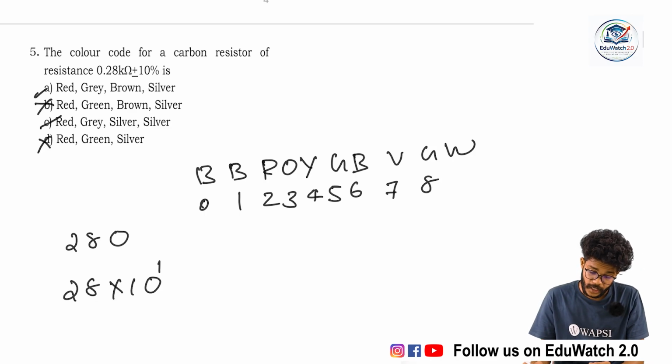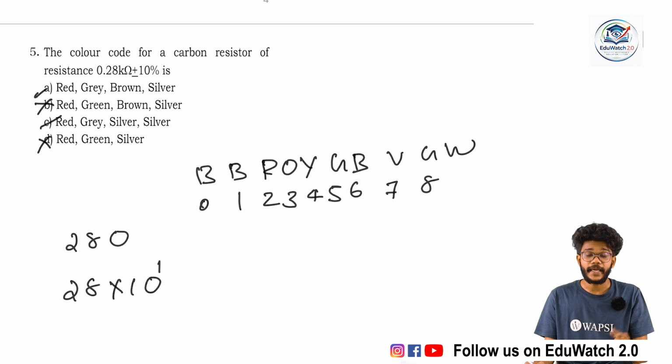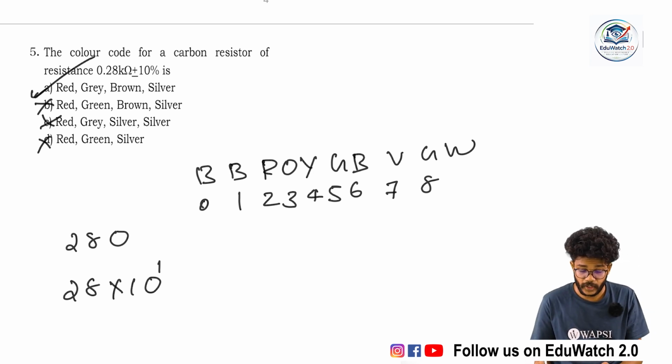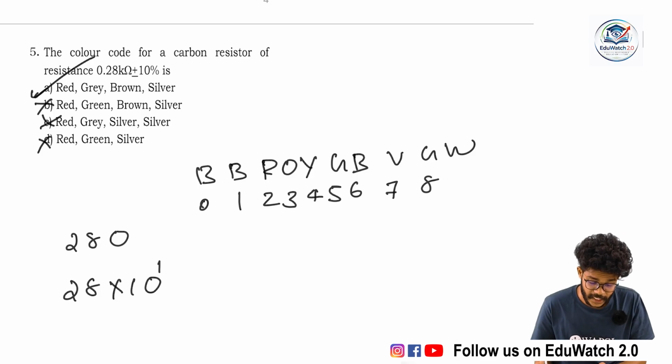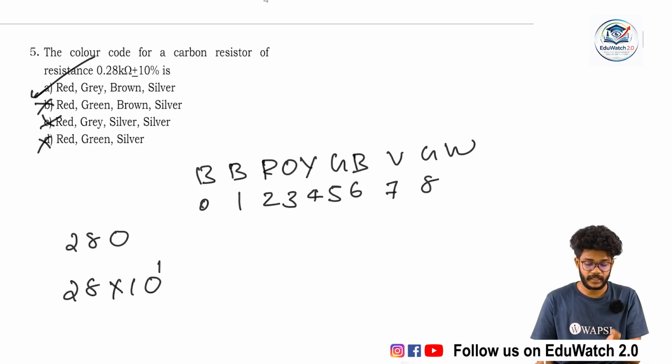And 10 raised to 1 is brown. So comparing option A and option C, the brown one is option A. So option A is correct and option C is wrong, because they are marked as silver in the third place. Third place gives the power of 10. Here the power is 1 and 1 is brown. Then option A is the correct answer.